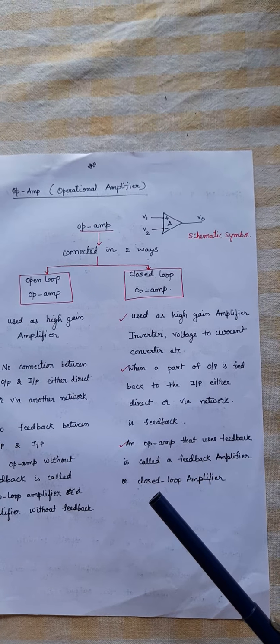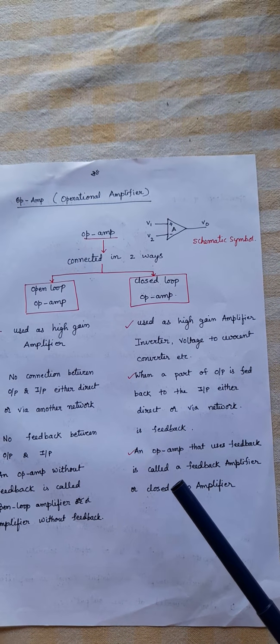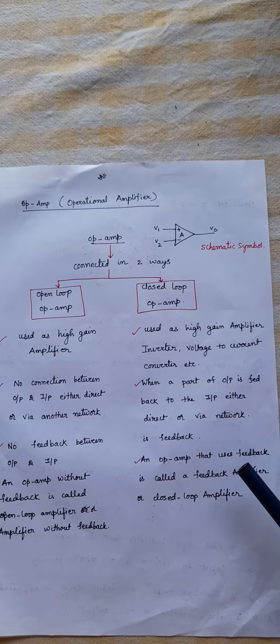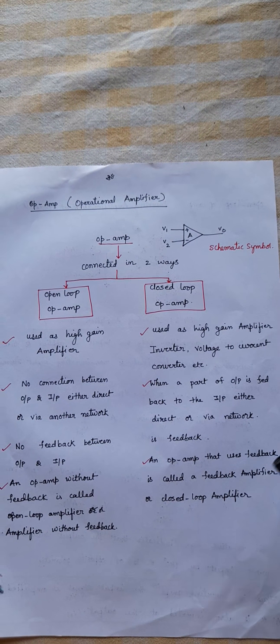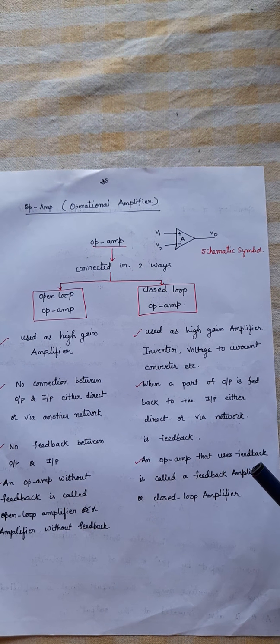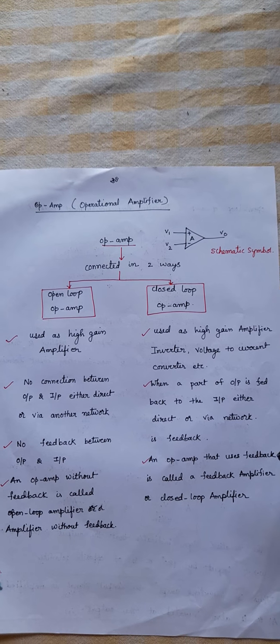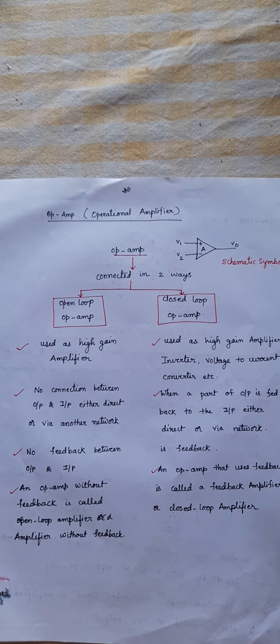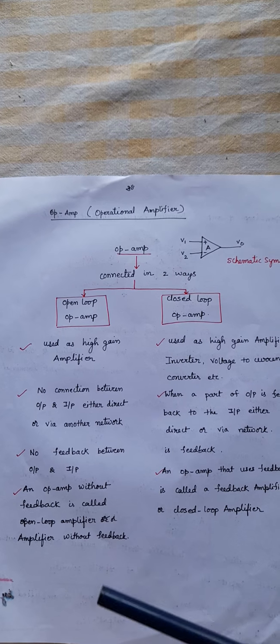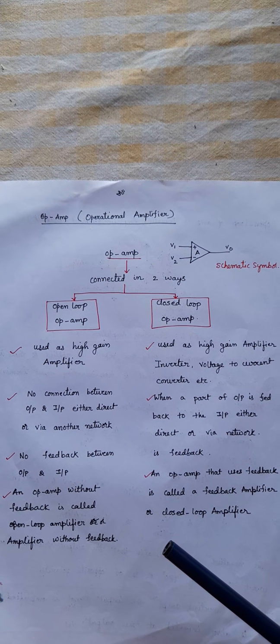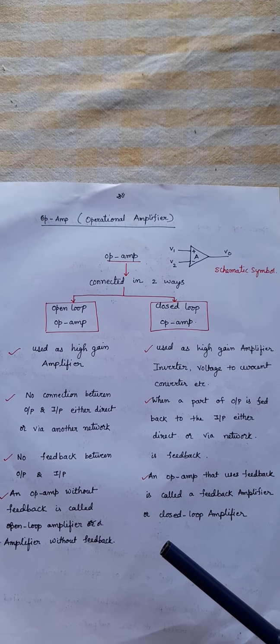So now, what is closed loop op-amp? We need it when it is to be used as a high gain amplifier or as an inverter. That is, output voltage is to be as inverting of the given input signal. That is known as an inverter.